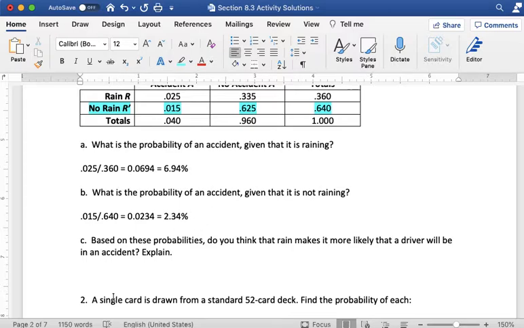And we can see that the difference here is a little over 4%, or you could say that it's 3 times more likely that you will be in an accident if it was raining, because if I multiply 2.34 times 3, I would get something close to this 6.94%. So the answer is yes. It is over 4% more likely, 3 times as likely, that you will be in an accident if it is raining.